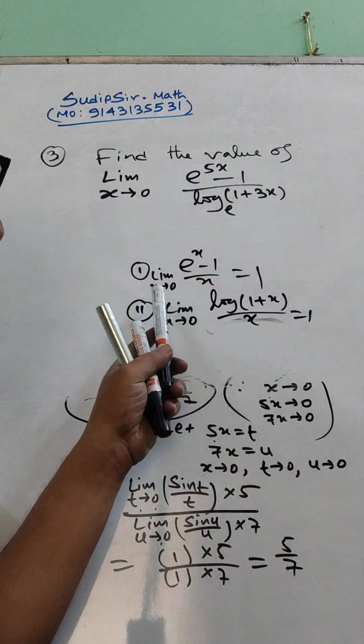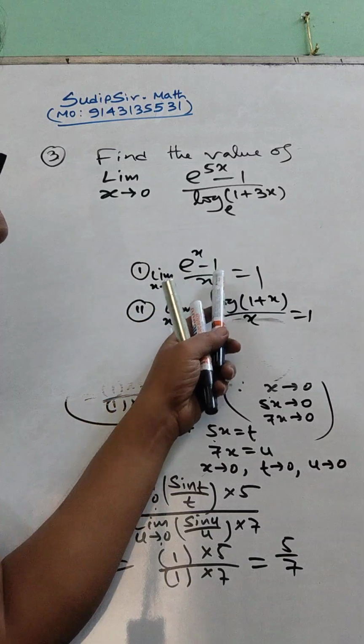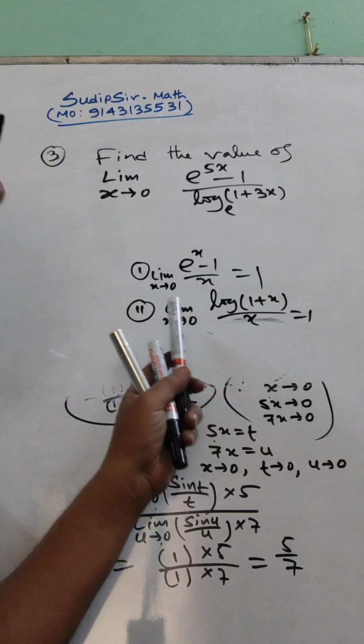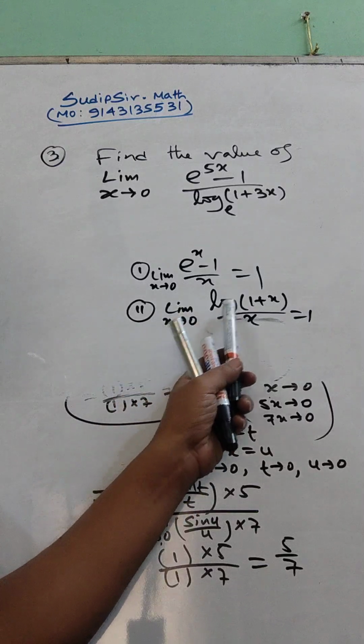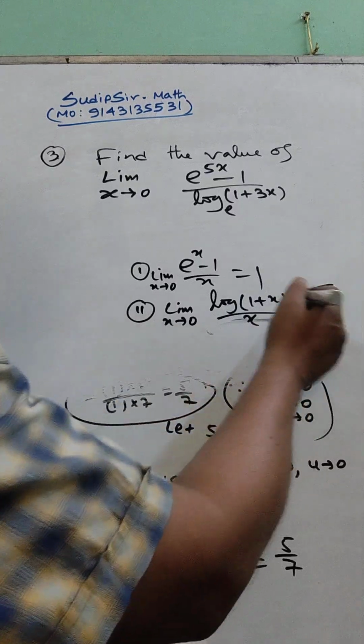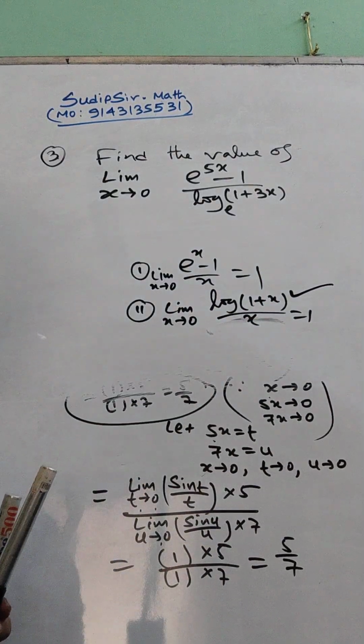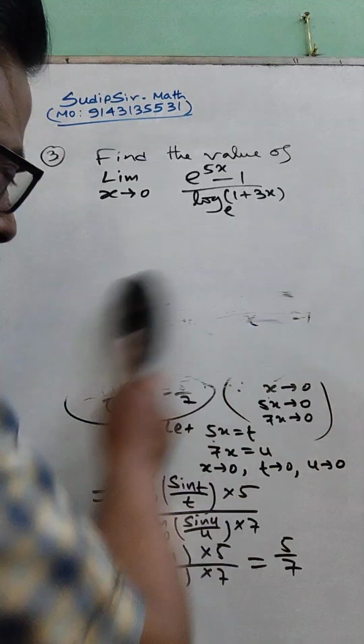Okay. Limit x tends to 0, e to the power x minus 1 by x equal to 1, and limit x tends to 0, log of 1 plus x by x equal to 1. Now we will use this. So to get this, we have to modify that.